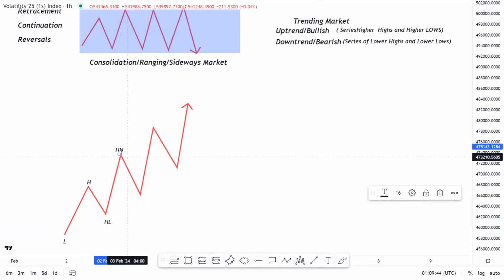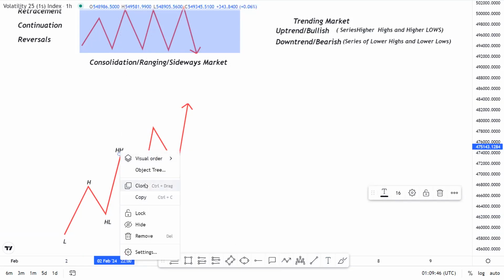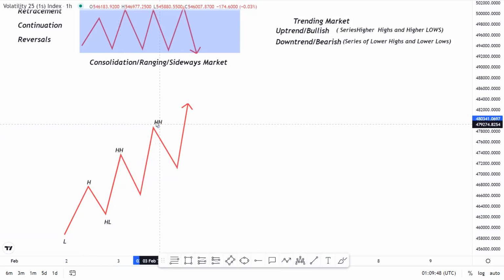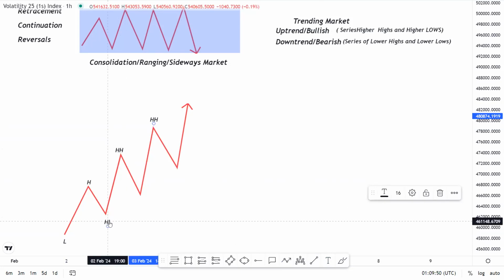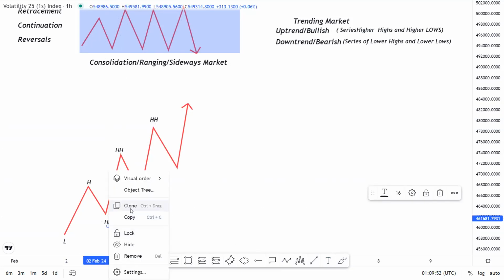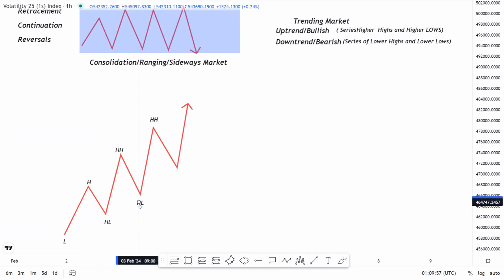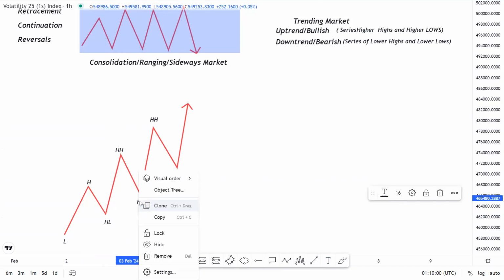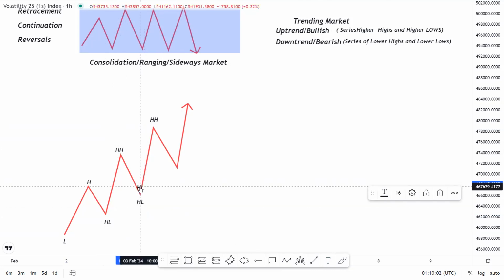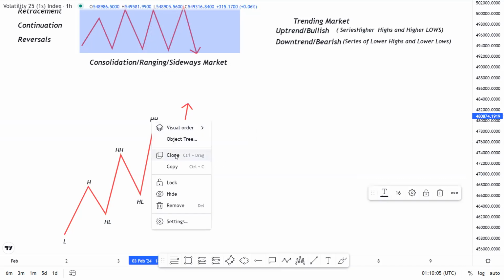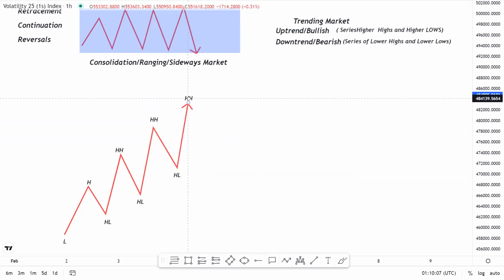And you tend to see price continue in this move, clearly showing the uptrending nature of the market. This being a typical line chart example of an uptrend.